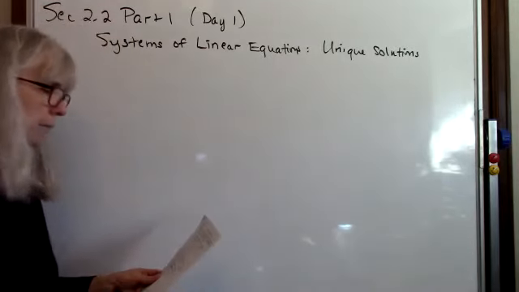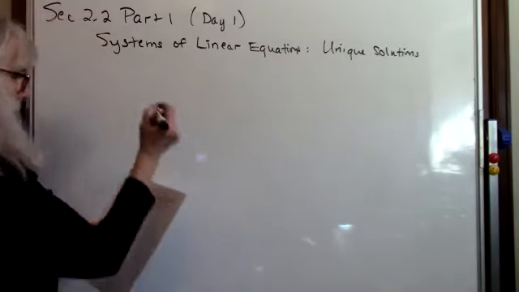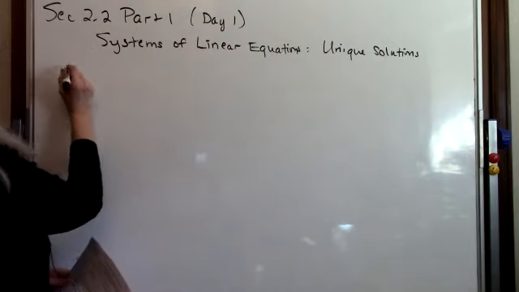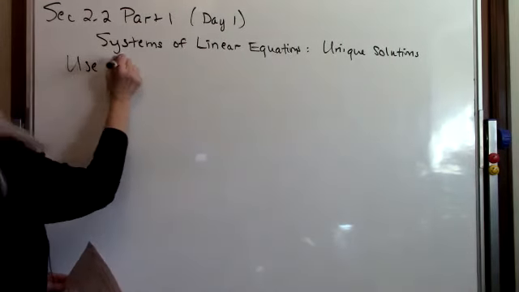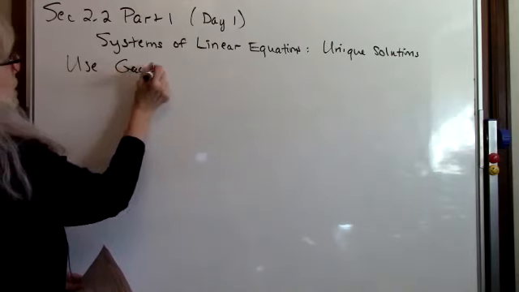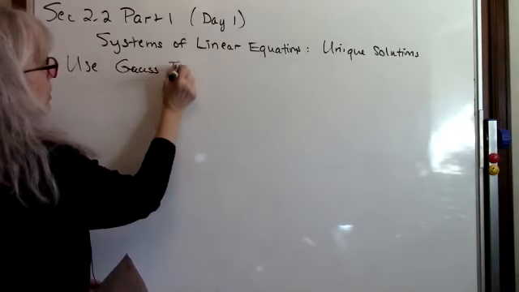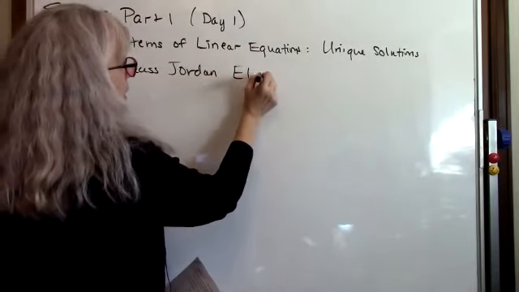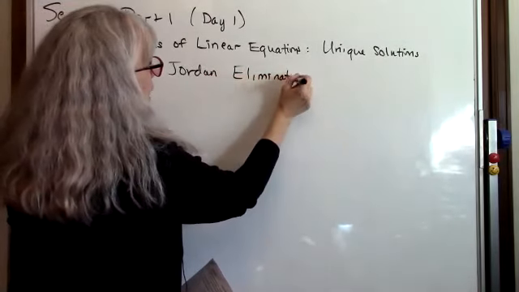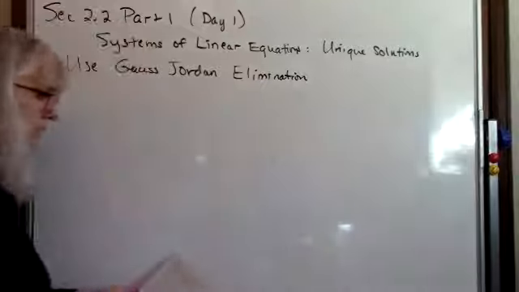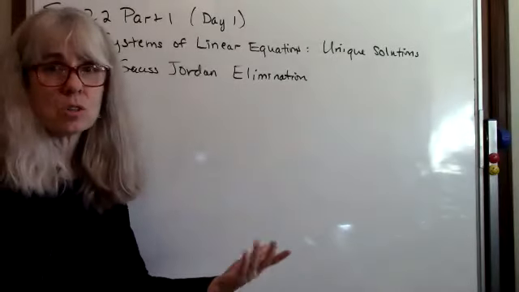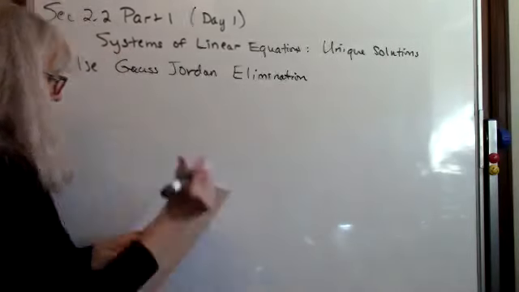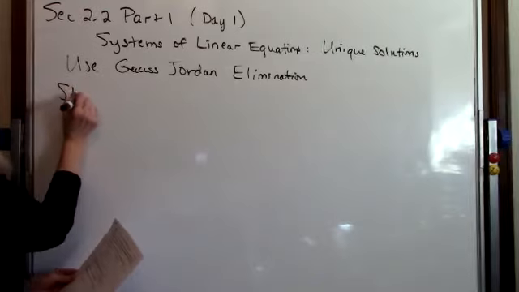So what we're going to do in this section is a new method called Gauss-Jordan elimination, with a G. It relies on using a matrix to solve the system. So first we have to figure out what a matrix is and how we go from our system of equations to that matrix. So let's start off with the system.